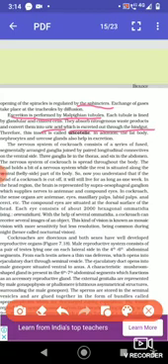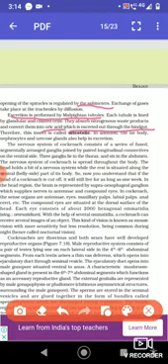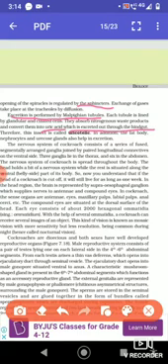So because its final excretory product is uric acid, that is why the cockroach is also known as a uricotelic animal.